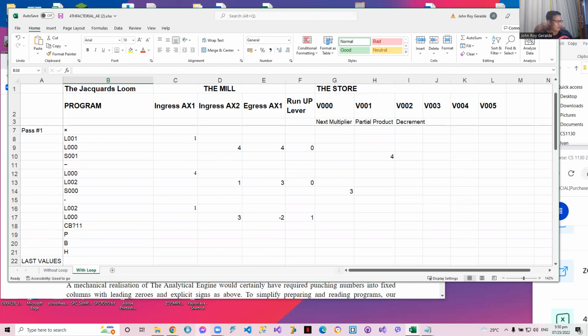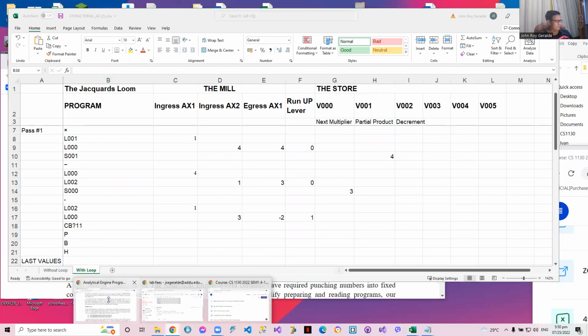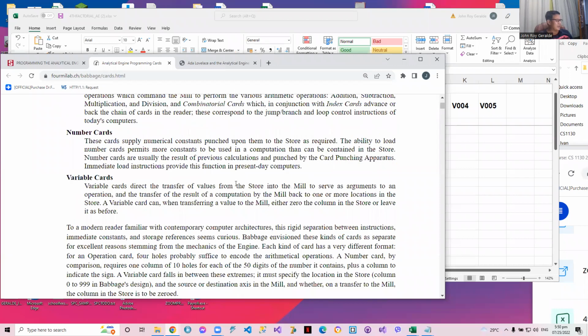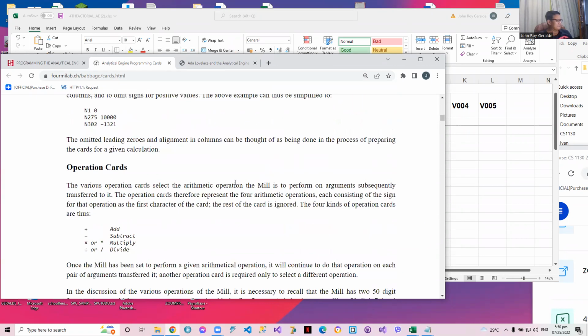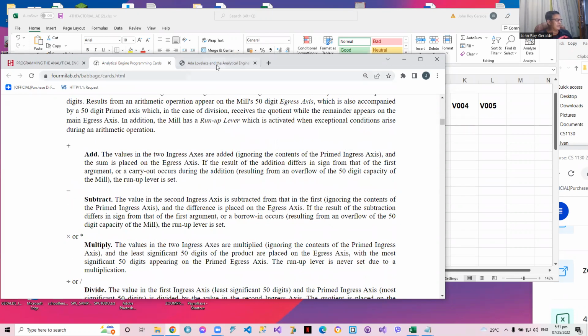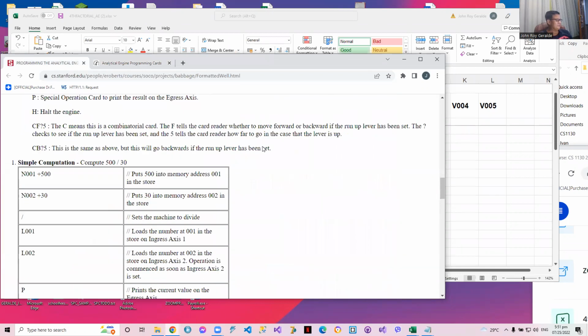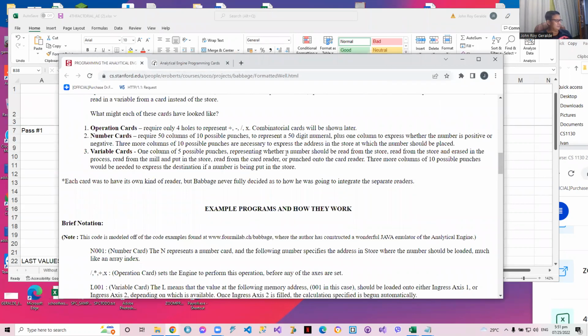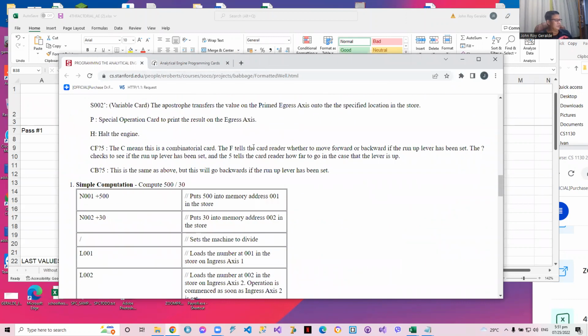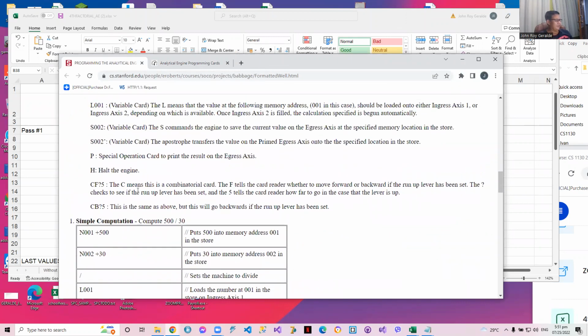Now, let's write the one with a loop version. Now, take note that in the documentation of the analytical engine, there's a run-up lever. Nandito, no? Sa isa, no? Okay. Here. Okay, there's a run-up lever.